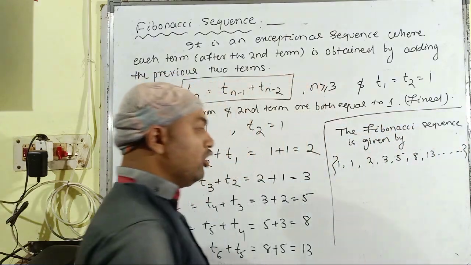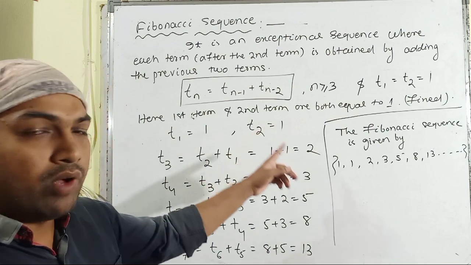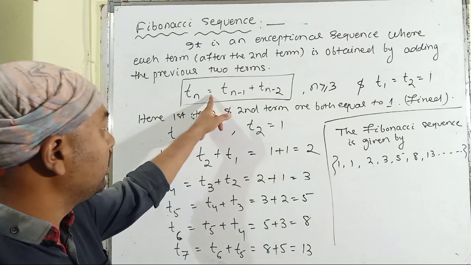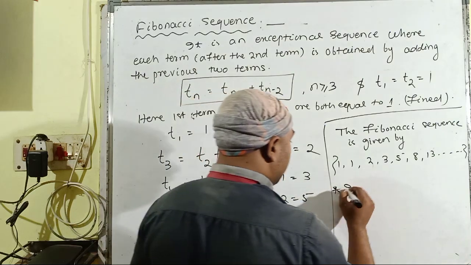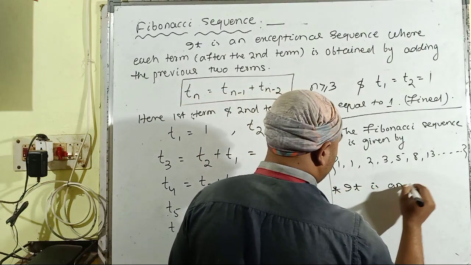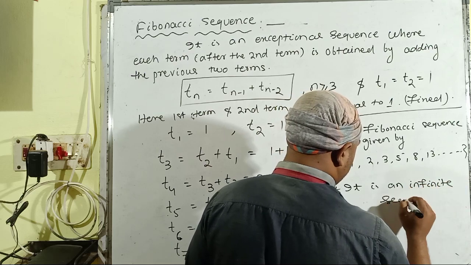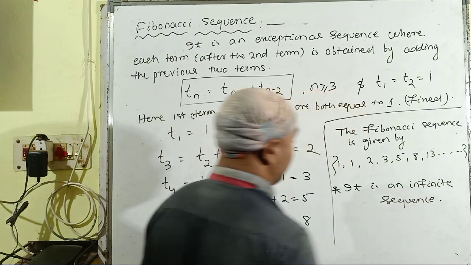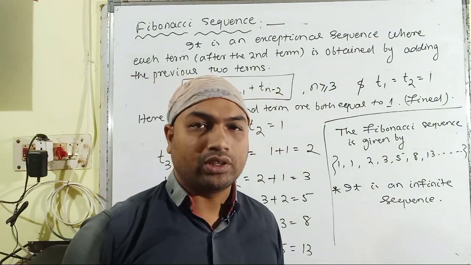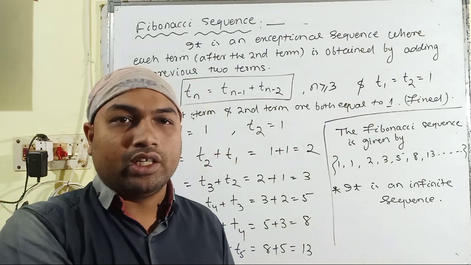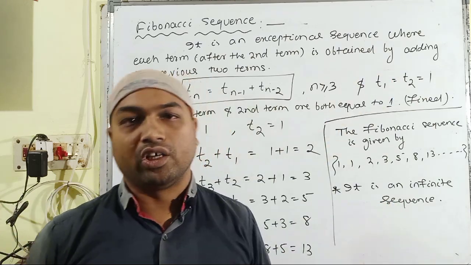It is an infinite sequence because infinite terms of the Fibonacci sequence can be determined by using this general formula. So a Fibonacci sequence is an exceptional sequence, not in the category of finite and infinite, and it comes under the infinite sequence.